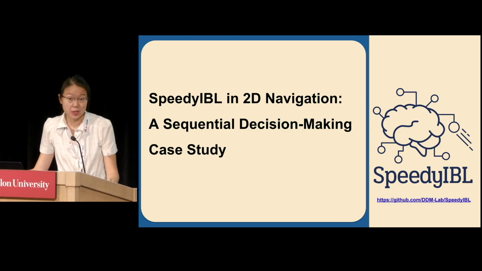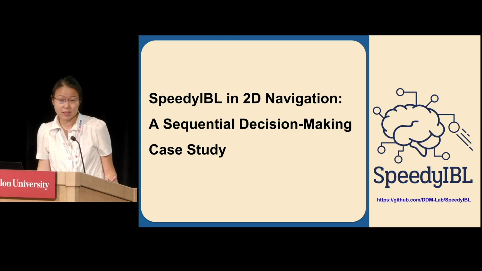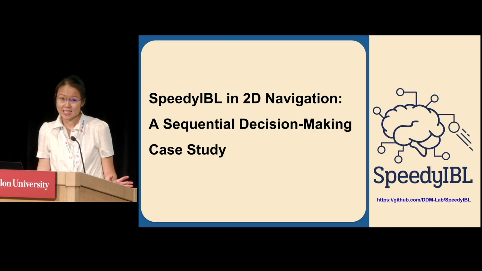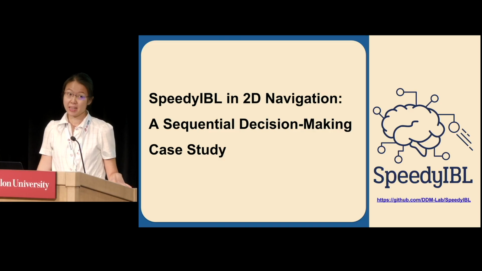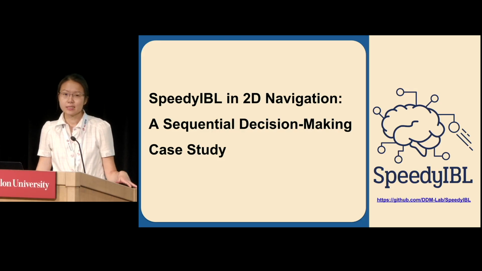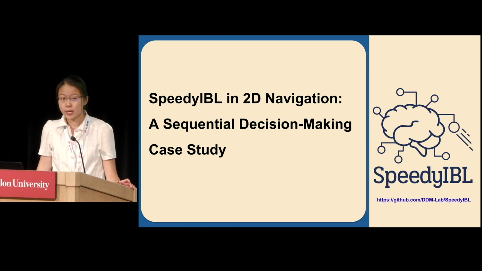So one case study we're going to look at today is two-dimensional navigation. This is an example of a sequential decision-making task where the agent, and I'm going to use the word agents here, which could be AI agents or human agents, needs to take actions step by step. And these steps are interdependent.